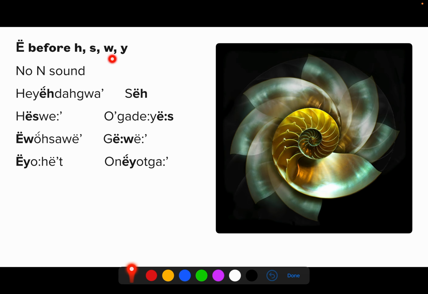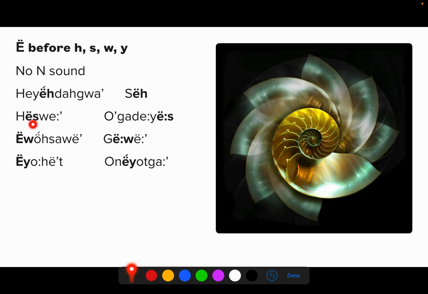If it comes before these other consonants, you don't want to put a letter N sound in there. Here are examples of where this happens. When it has an H: heyetahqua, that's a word for a bathroom. And the number 3, se. Nobody says sen. There's no N sound.